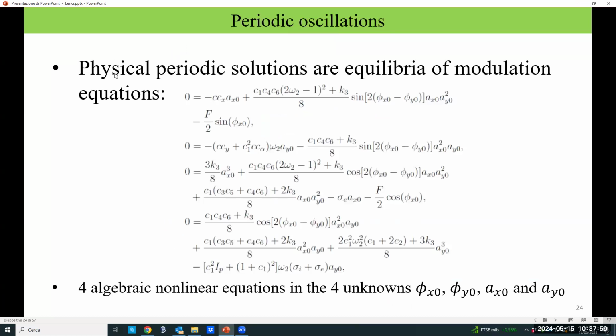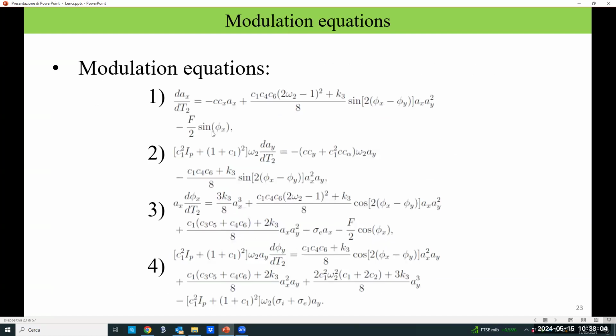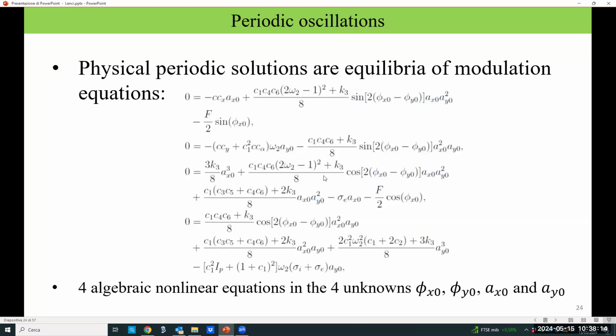You are looking for physical periodic oscillations, which are equilibria of the modulation equations. Basically, you set these derivatives with respect to T2 equal to 0: the first one equal to 0, the second, the third, and the fourth. And so you end up with four algebraic, and that's really a big point, algebraic, nonlinear, of course, because we are in the nonlinear regime, four algebraic nonlinear equations in the four unknowns, amplitudes and phases of this solution.